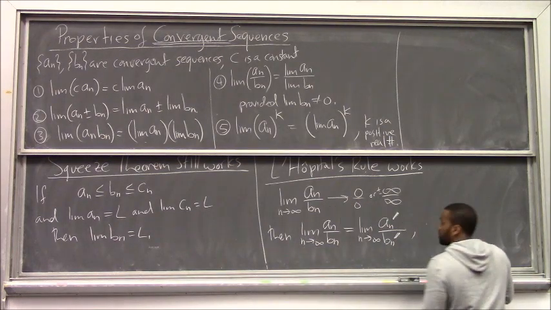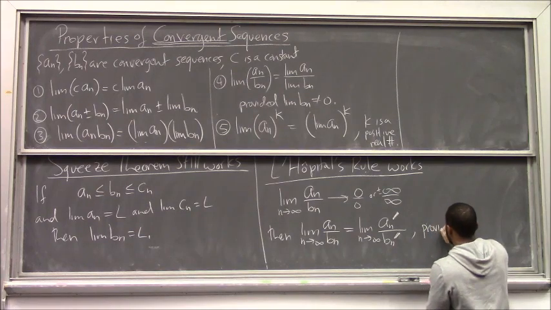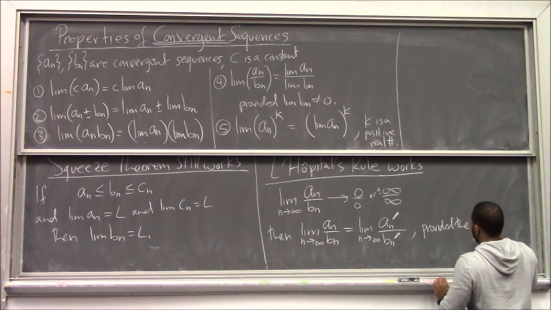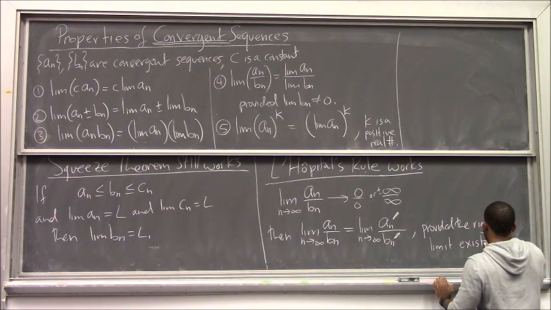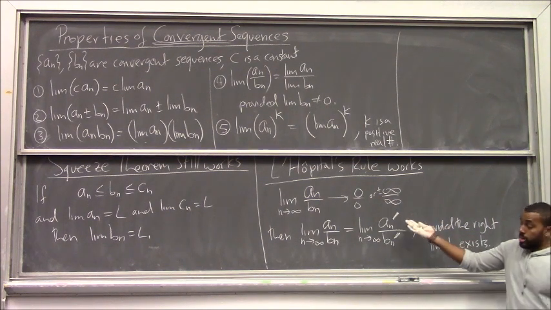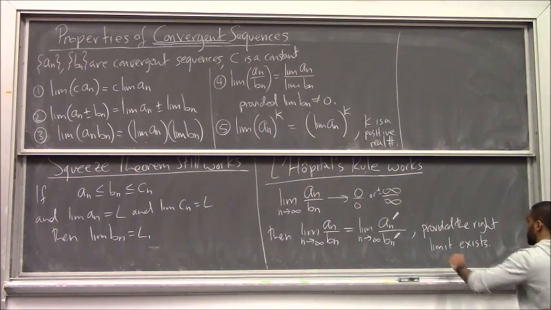And these two limits will always have the same answer provided the right limit exists. So, if you take derivatives of the top and bottom and you get some answer that makes sense, then you can assume that that answer transfers to the first original guy.